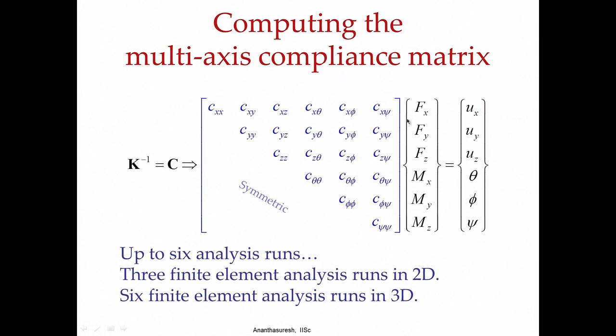Again, we can talk about how to design elastic pairs by looking at these values. There will be some target values depending on how much stiffness you want about the intended axis, which should be low stiffness or high compliance, and about the other axes high stiffness and low compliance. So, you can look at those things and design.